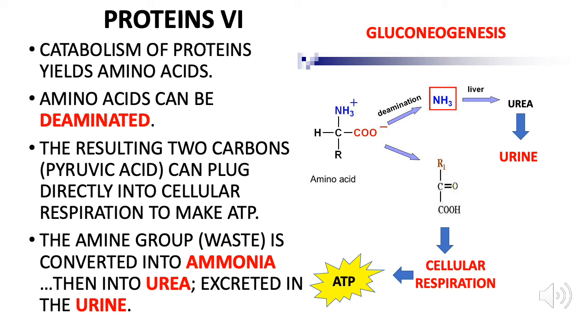That gives me a molecule of glucose that could likewise be plugged into cellular respiration. That's where we get the term gluconeogenesis. The resulting 2 carbons can plug directly into cellular respiration, so I can make ATP to stay alive. The amino group is converted into ammonia, then into urea, and is excreted in the urine.